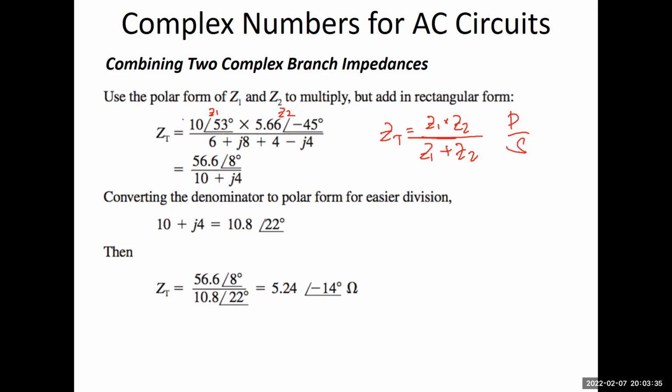So Z sub 1 is magnitude 10, 53 degrees phase angle, and then Z sub 2 converted to polar is 5.66 magnitude and negative 45 degrees of phase angle. Okay? So yung denominator naman, gagawin natin na we have 6 plus J8 and then we have 4 minus J4. So plus. Okay? Yan yung standard form. So we can do now direct.